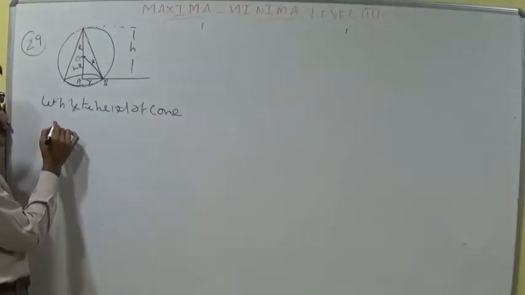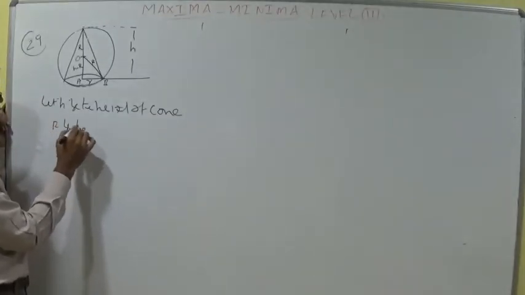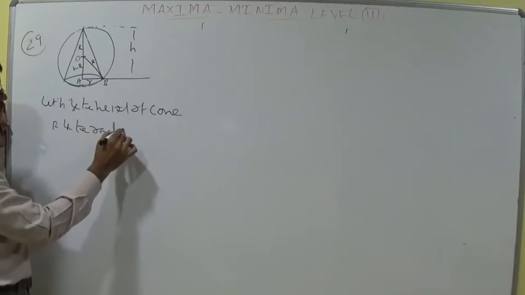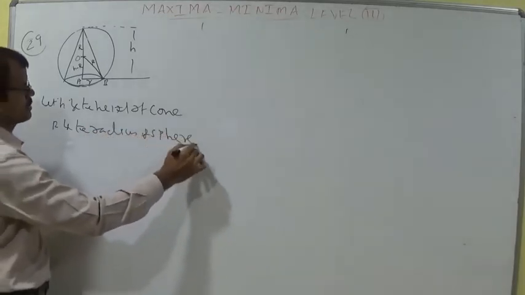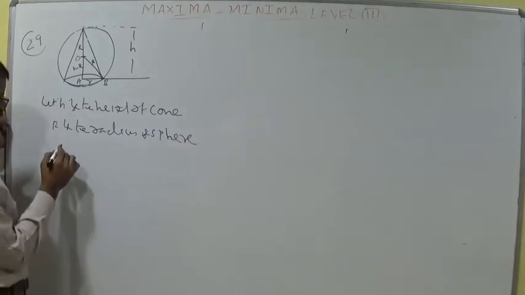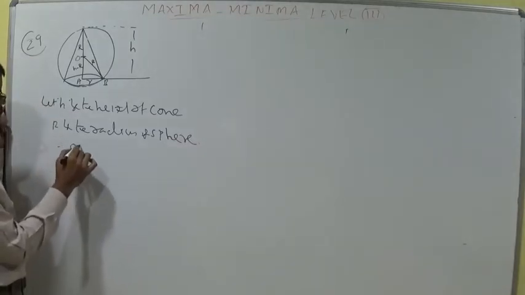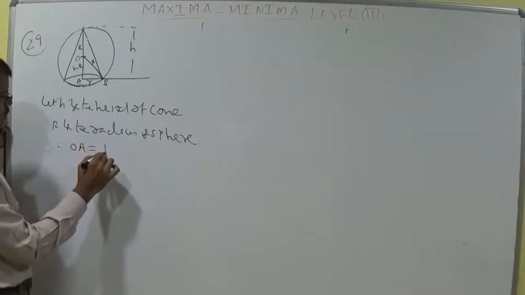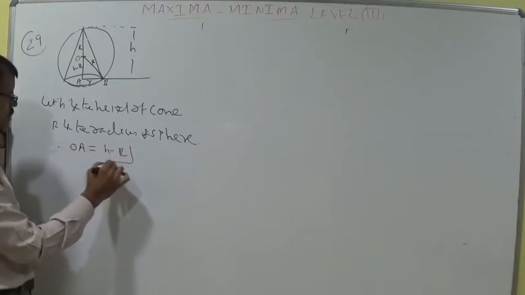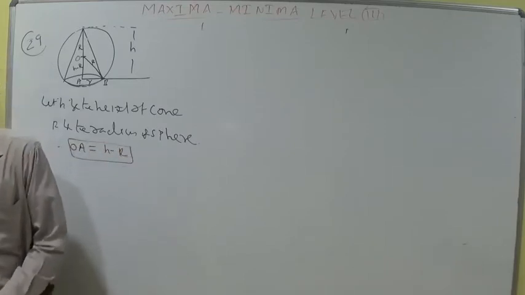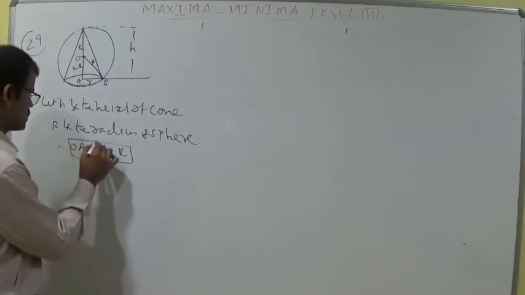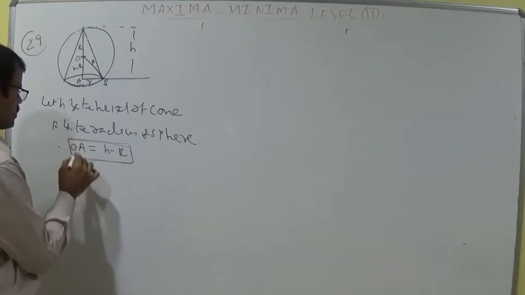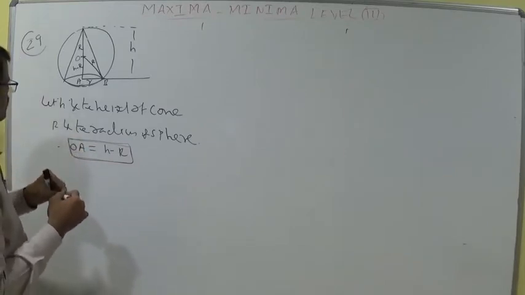Now R be the radius of sphere. Therefore, capital OA is equal to H minus R. This is the important point which we forgot previously. So OA, this is the main point. OA is equal to H minus R.